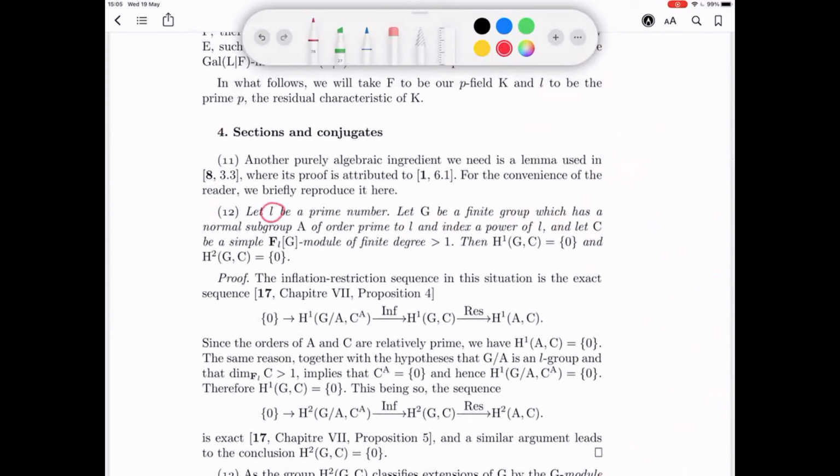Here you fix a prime number L, and G is a finite group.